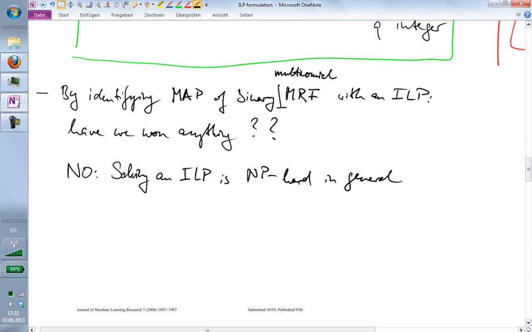So we've taken an NP hard problem and we've rewritten it as solution of another NP hard problem. So that's the no part of the answer. But there's also a yes part of the answer, which is that pretty sophisticated solvers are available.